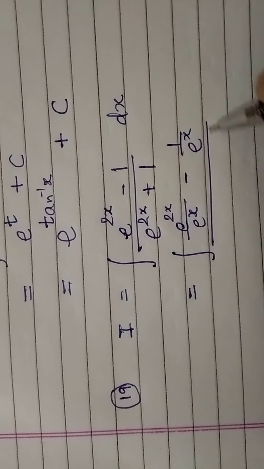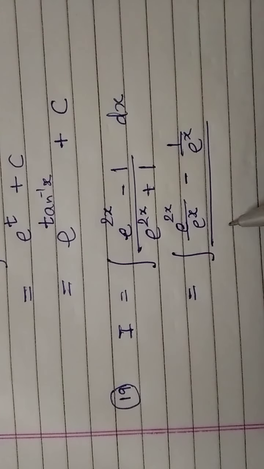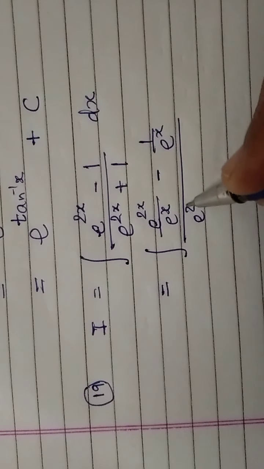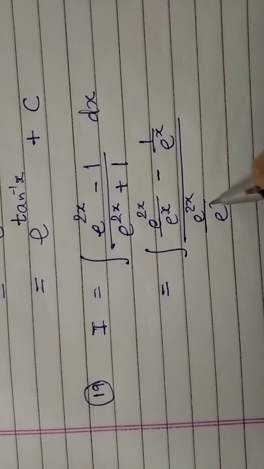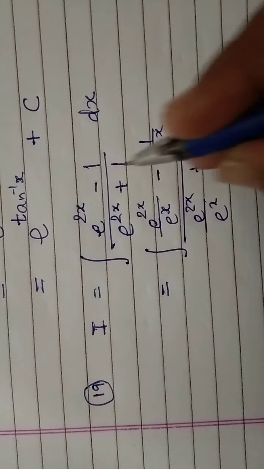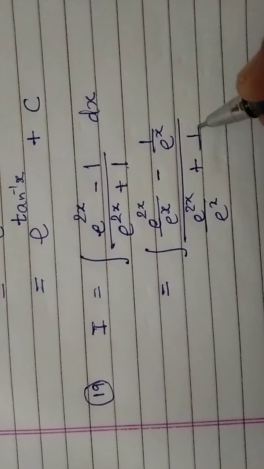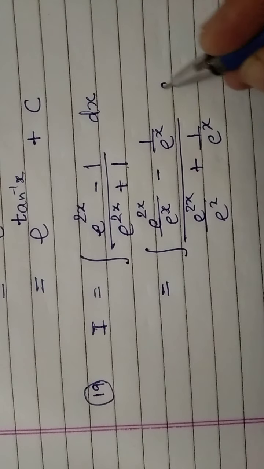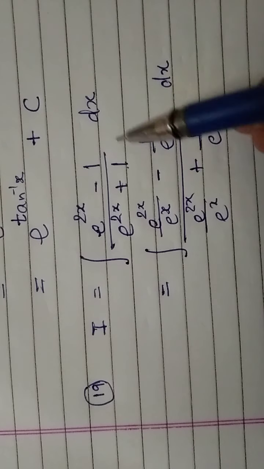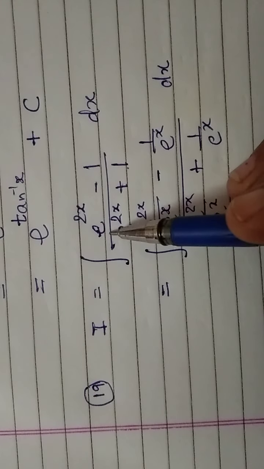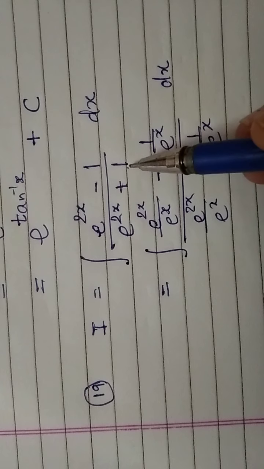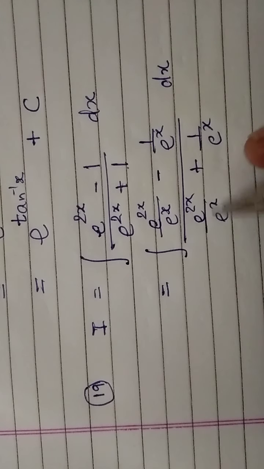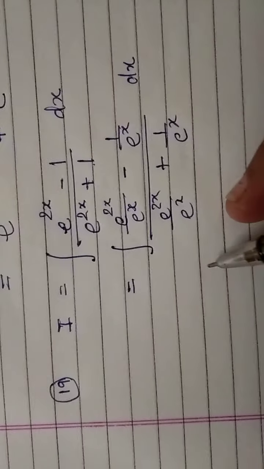Then in the denominator, I have e raised to 2x, I again divide by e raised to x. Then plus 1, so 1 also upon e raised to x, and dx. So what did I do? Each and every term in my question, I divided it by e raised to x.